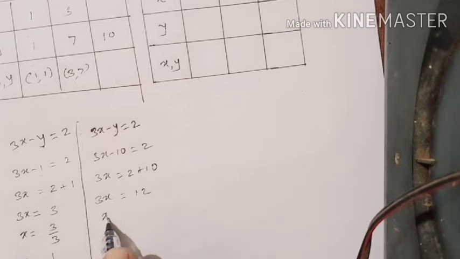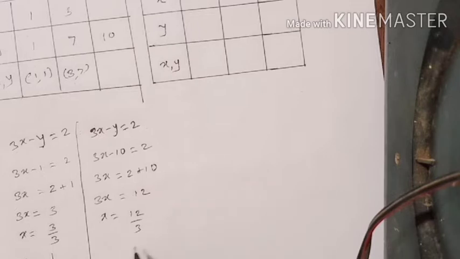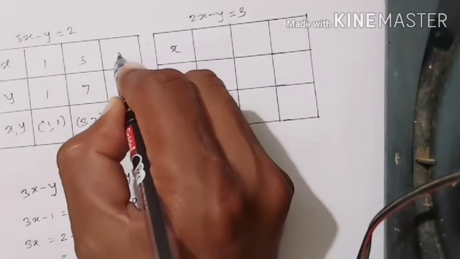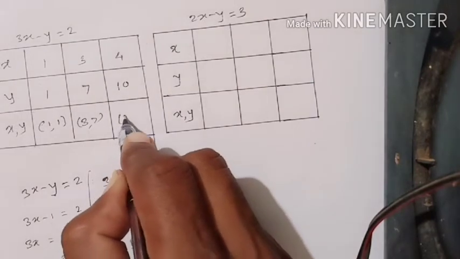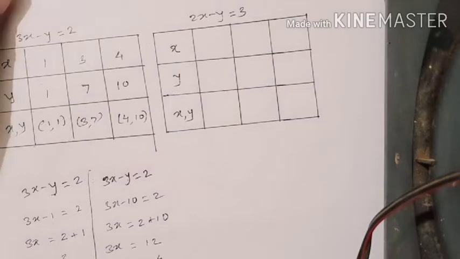And x is equal to 12 by 3. Therefore, x is equal to, 3 ones are 3 and 3 fours are 12. X is equal to 4. Then I will write here 4. And the coordinates will be 4, 10. In this way, the first box is complete.